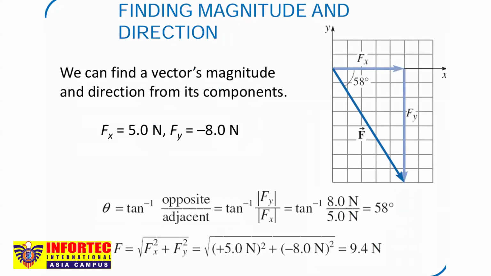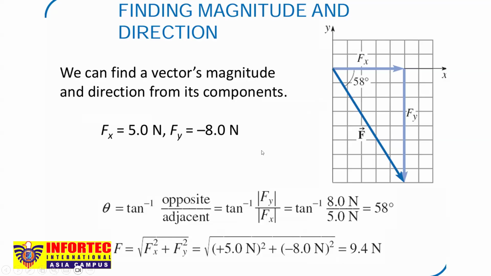Okay, now find the magnitude and direction. We can find a vector's magnitude and direction from its components. Fx is equal to 5 newtons and Fy is equal to minus 8, because Fy is situated on the downside of the Cartesian system, so the minus sign comes.